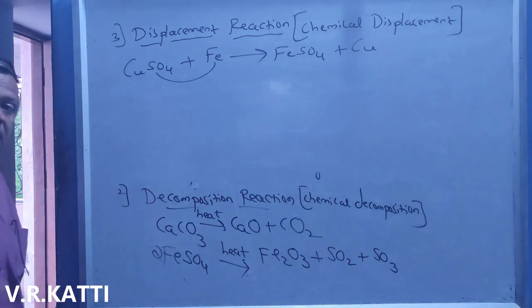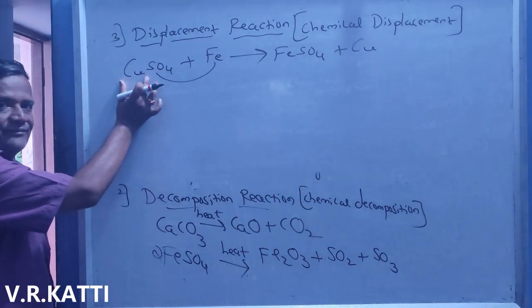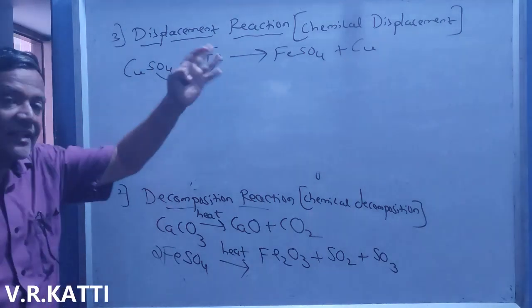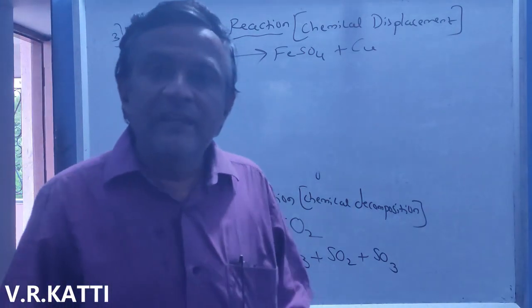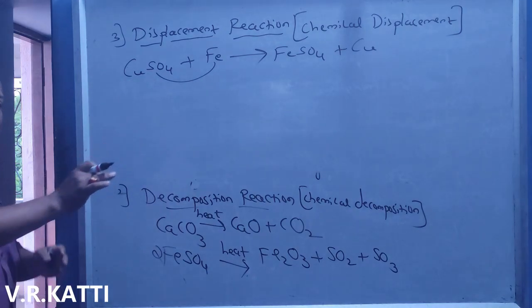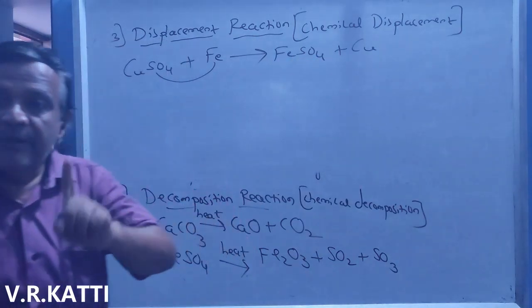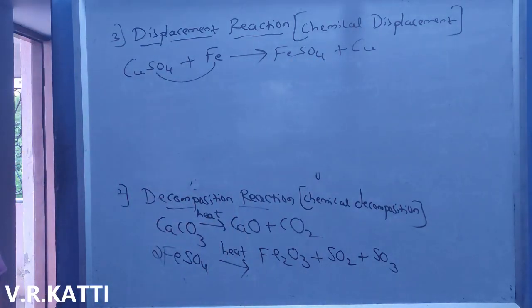It means one element of a compound is displaced by another element. If one element of a compound is displaced by another element, then it is called displacement reaction. Students, it is a displacement reaction.